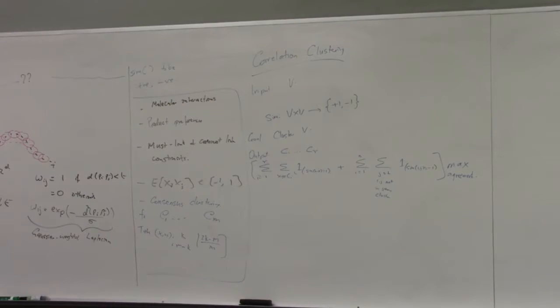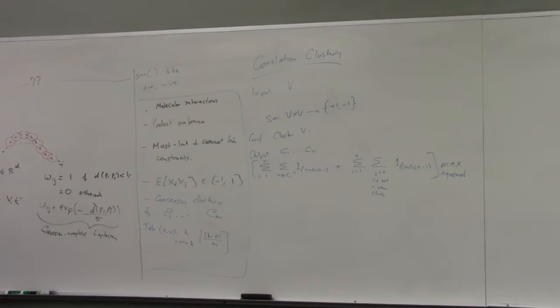If I have an option to put a point here or here, I will put it in the one that will maximize the function, which means that we'll have the most agreement with the cluster. So more points here and less negative points here, or otherwise. It's just a property of this.